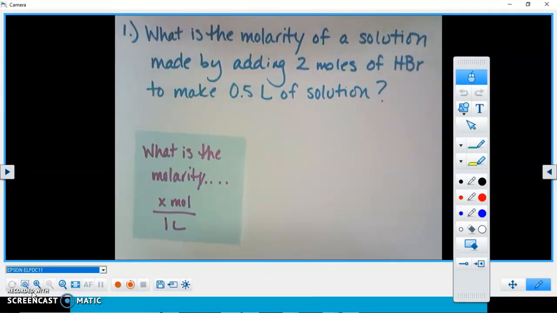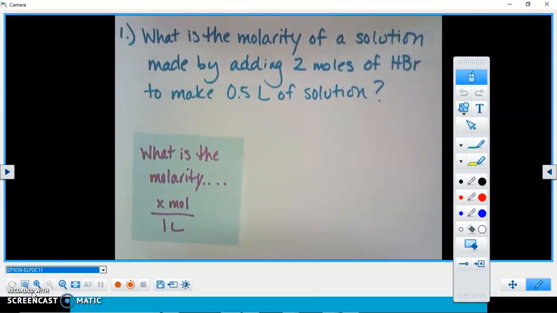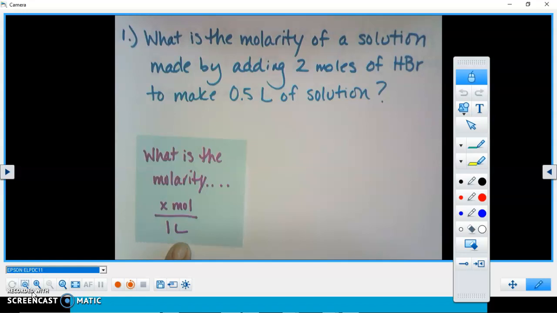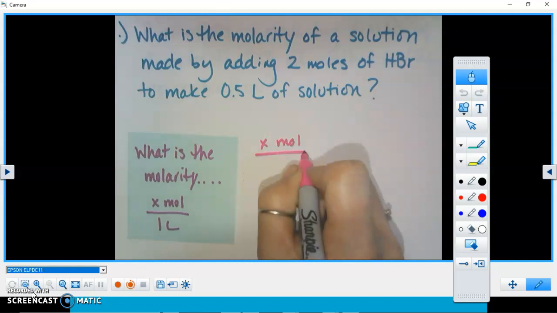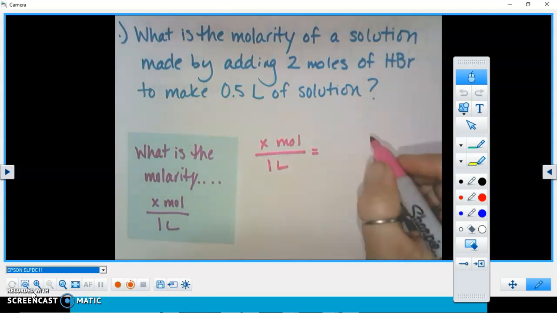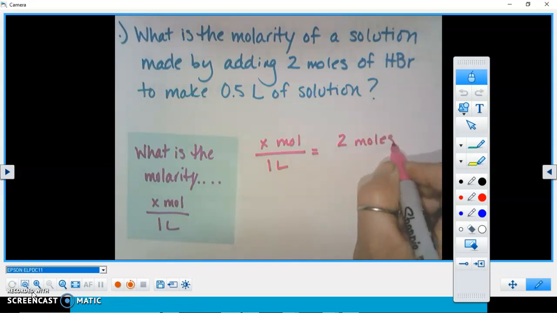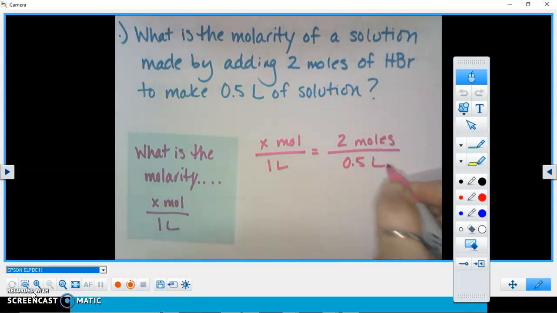What is the molarity of a solution made by adding 2 moles of HBr to make 0.5 liters? Now, whenever you see that, what is the molarity or what is the concentration, I want you to think about and maybe even physically put down immediately X moles per 1 liter. That's what you're solving for. How many moles are there in every 1 liter? We're going to set this up kind of like a ratio. So how many moles are there in 1 liter when I have 2 moles in 0.5 liters?